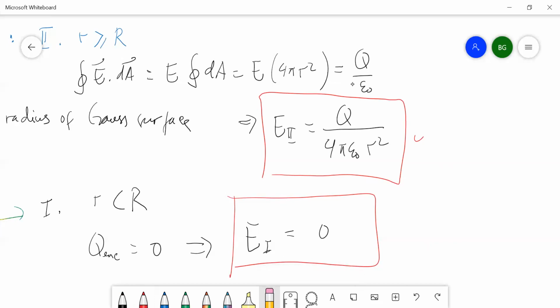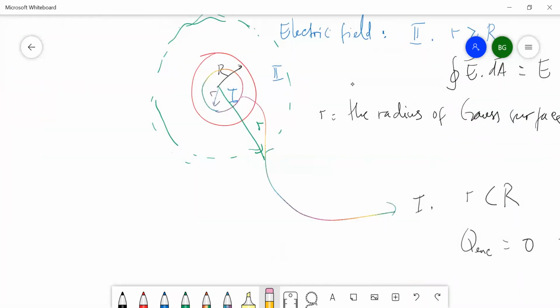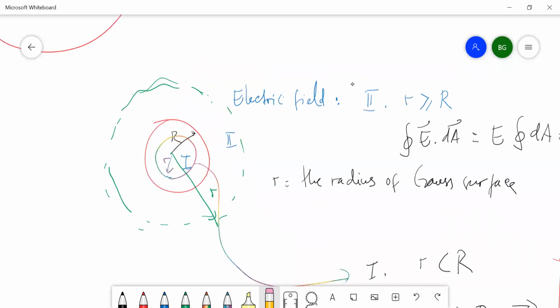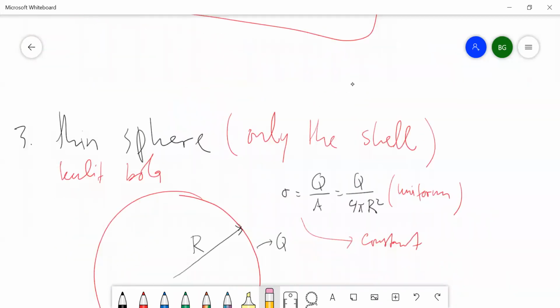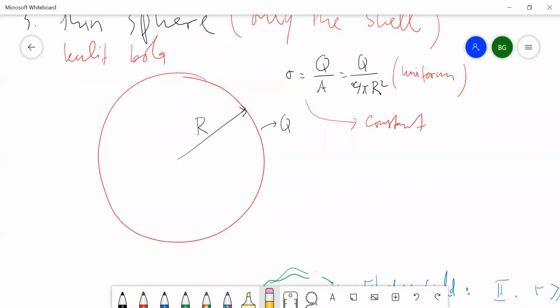Where is the field coming from? Okay, the field comes from the charges distributed on the surface of the sphere, so the field comes from the shell of the sphere. So Q is distributed uniformly on the surface.